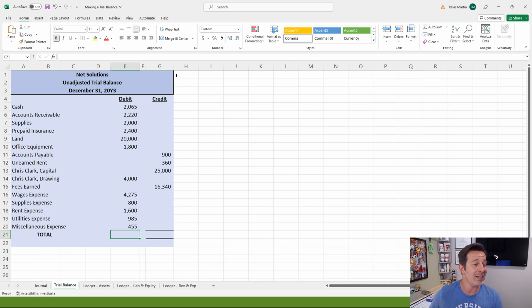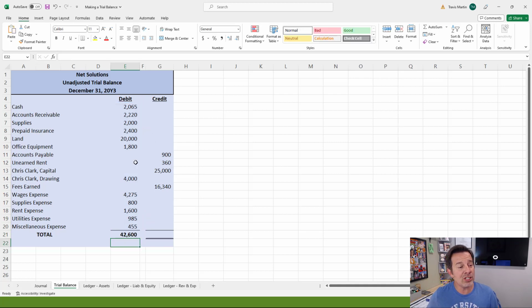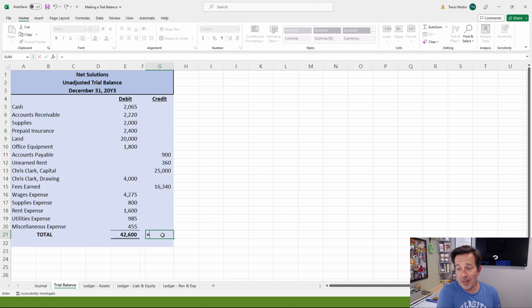All right. So I've got my debit column. I've got my credit column. I'm simply going to add the columns up and see if they balance. So, 42,600 in my debit column. Again, if you want to make an offering to the accounting gods, sacrifice a number 2 pencil.